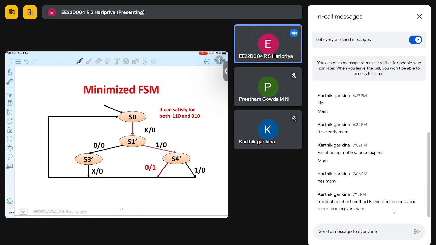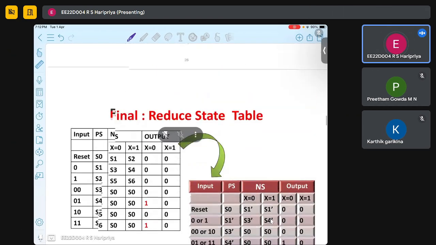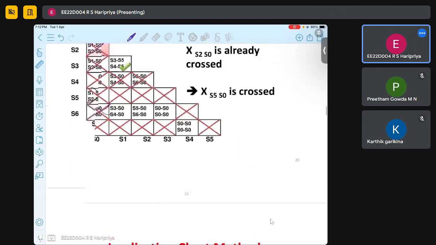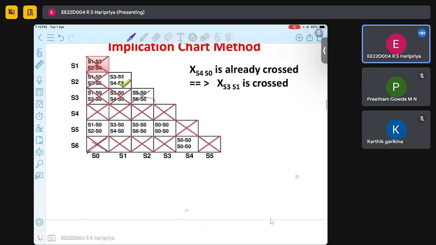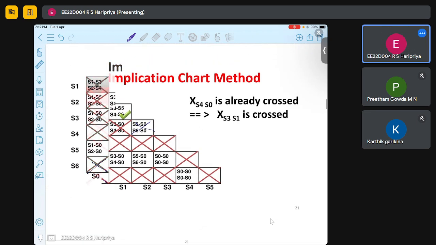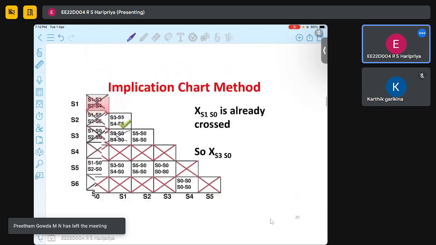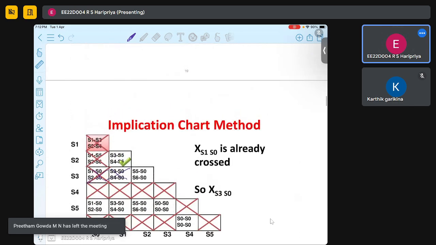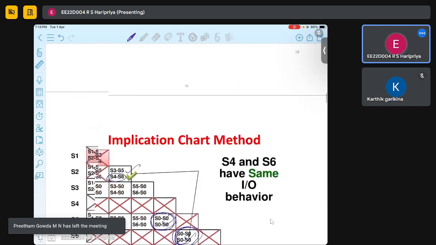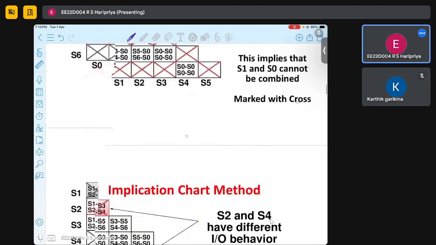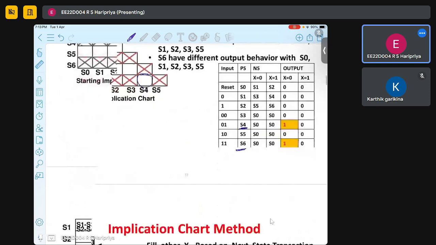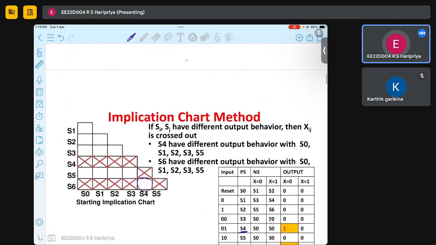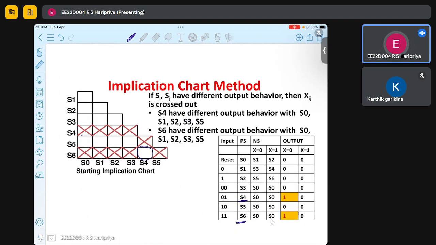Implication chart method, elimination process. So the first elimination is we see the output.